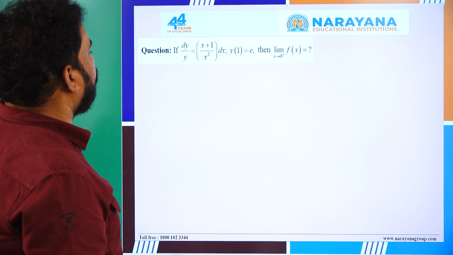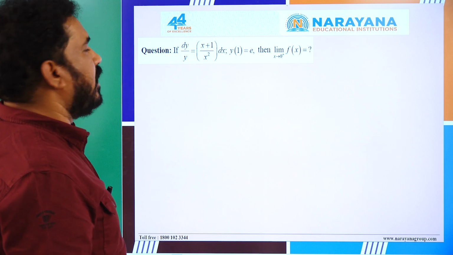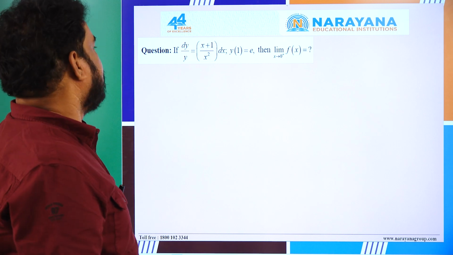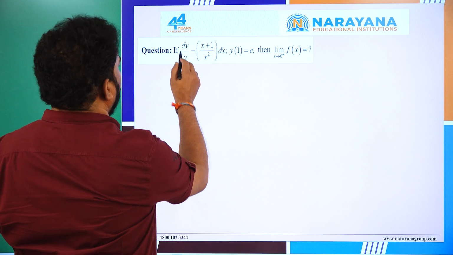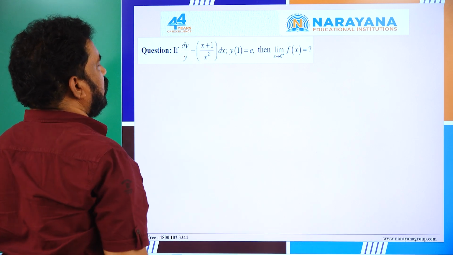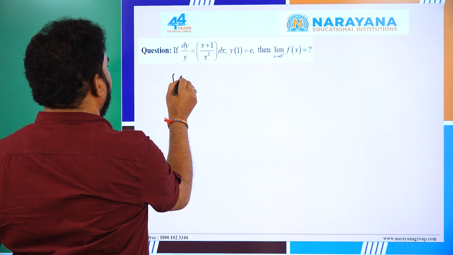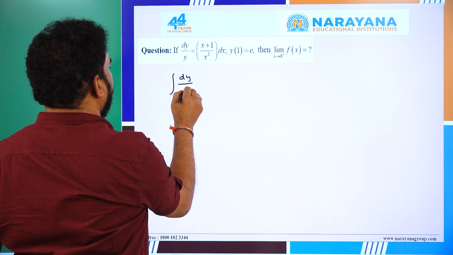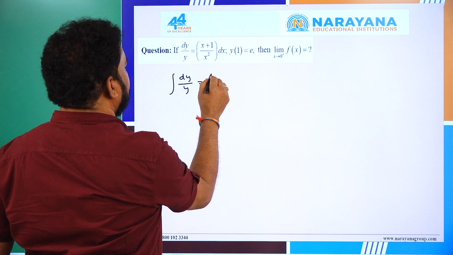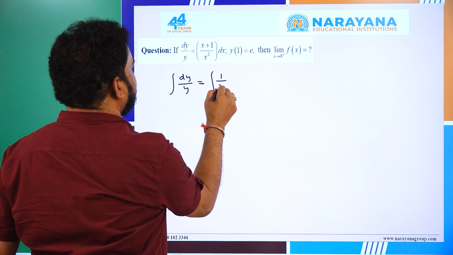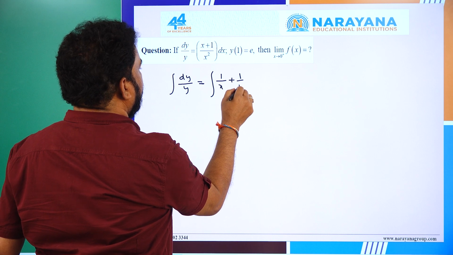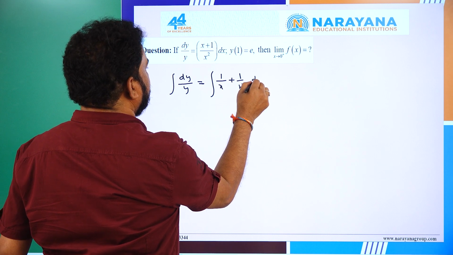Here a differential equation question was given, a very direct question. Okay, I think this is a simple question only. So dy by y is equal to (x plus 1) by x square. Then integral dy by y is equal to integral of (1 by x plus 1 by x square) dx.